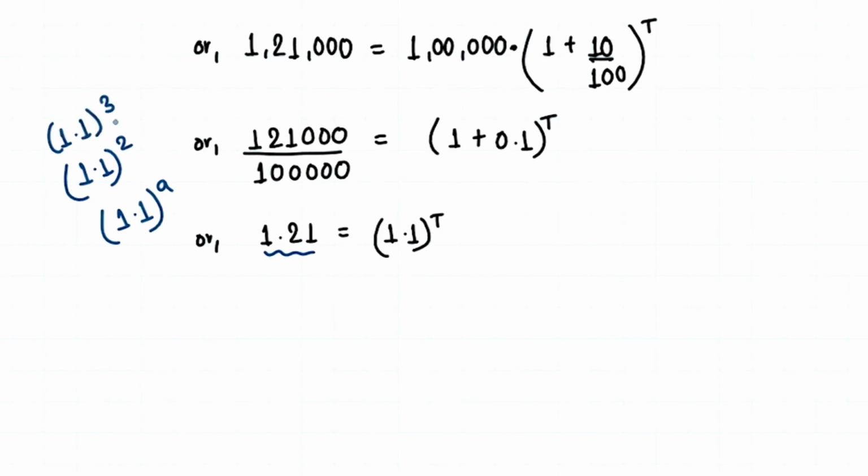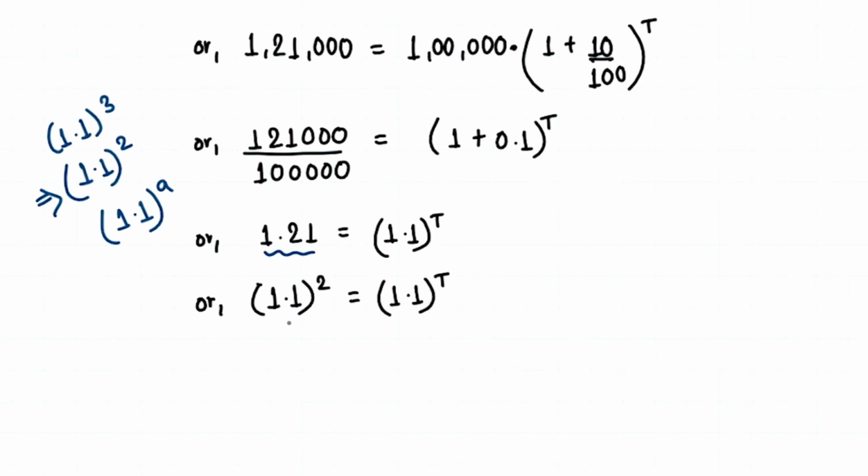So you keep on going and you check it out, and you find out that 1.1 square is actually 1.21. Now when we find that, we write this 1.21 in terms of 1.1. So we get this 1.21 as 1.1 square equals to 1.1 to the power t over here.